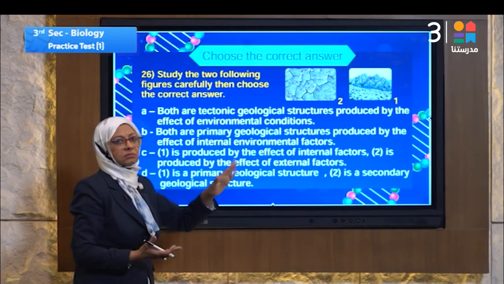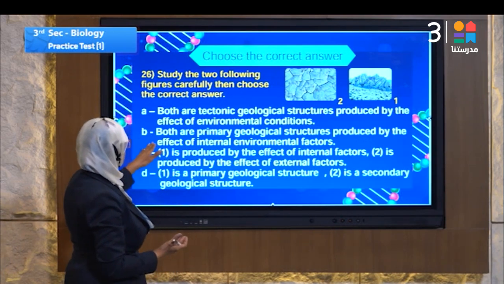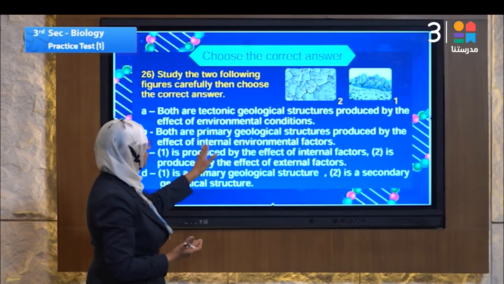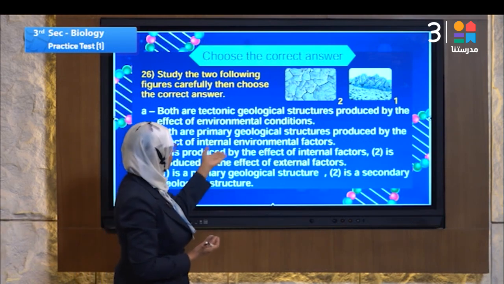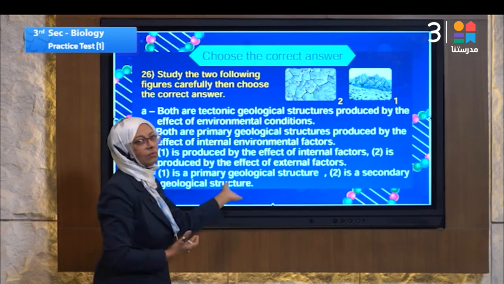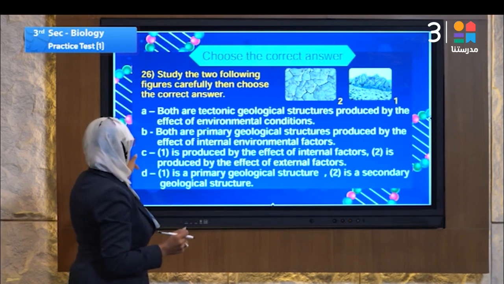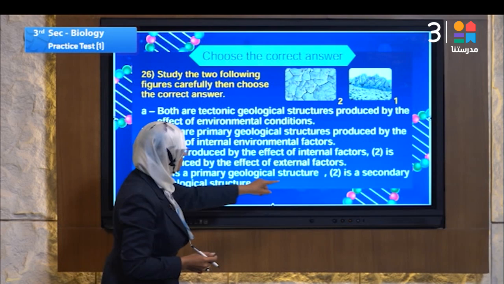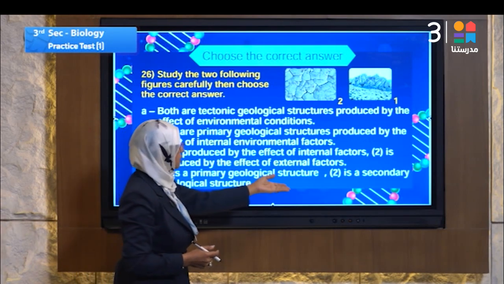No, the answer is not. Is it both are primary geological structures produced by the effect of internal environmental factors? No, one of them is internal, but the other no. Number 1 is produced by the effect of internal factors. Number 2 is produced by the effect of external factors.